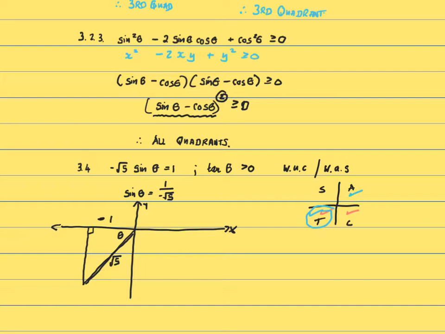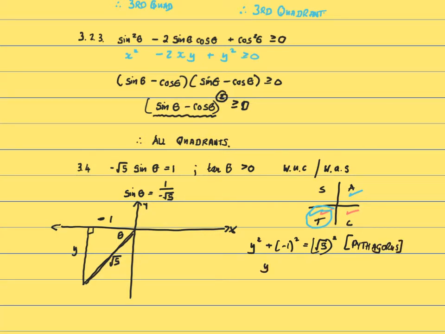Okay, now, by Pythagoras, I can now find out the other side. Okay, so I'm going to call it y. So I'm going to say y squared plus minus 1 squared must equal the square root of 5 squared. Remember, whenever I use him, I acknowledge him in full. Alright?